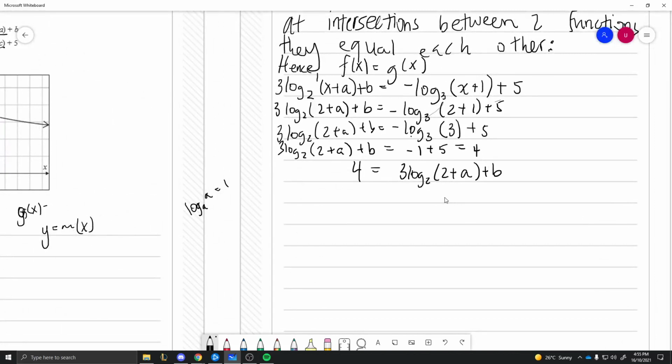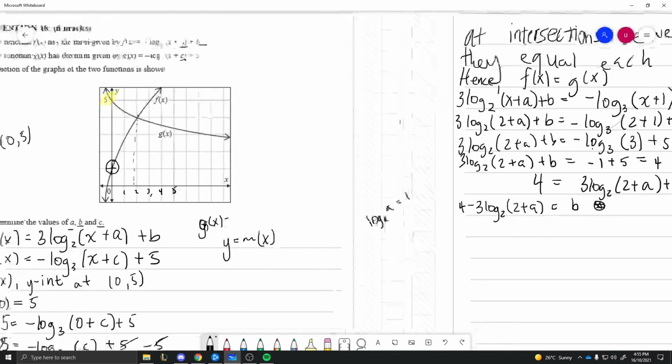It's just going to be a subtraction, because this is a plus, you're not going to divide. So 4 minus 3 log base 2 of (2 plus a) equals b. Now that we have a value for b, let's leave this here, and put a little circle and a star next to it.